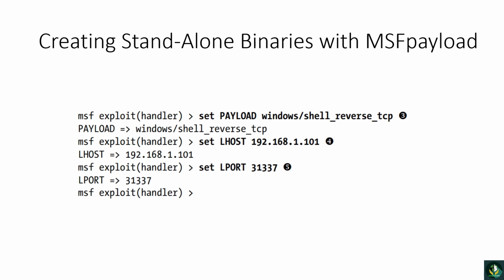To tell it the IP address, we set the LHOST here, just typing set, because LHOST and LPORT weren't set by default, so we have to set those manually. Then the port to listen on is 31337, and then we are ready to go. As you can see, it is now open.